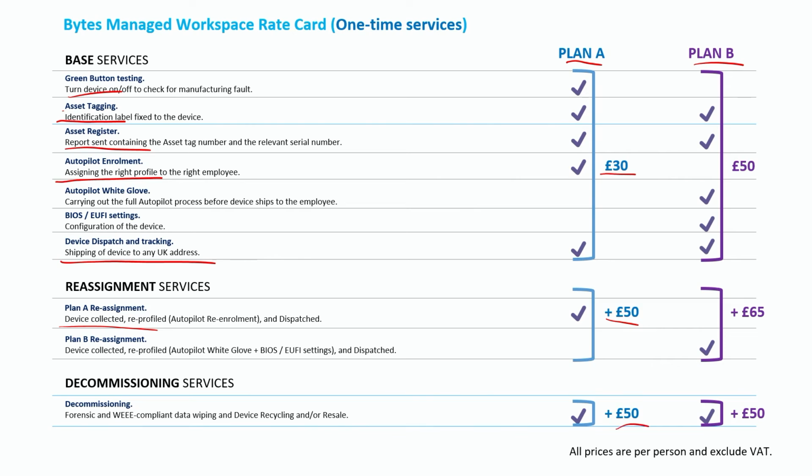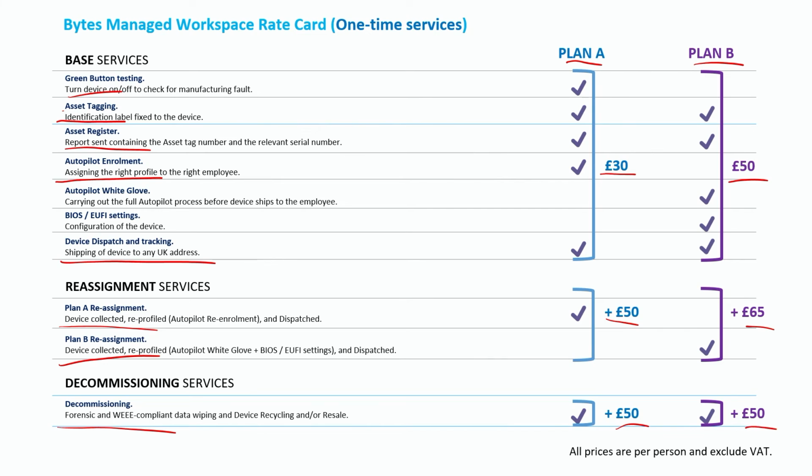And again, for £50 is the decommissioning of the device. And in Plan B, similarly, for £50, a lot of this, the asset registration, you have got asset tagging, £65 for the Plan B reassignment, and £50 for the decommissioning.